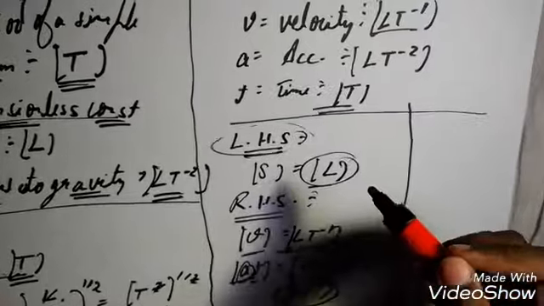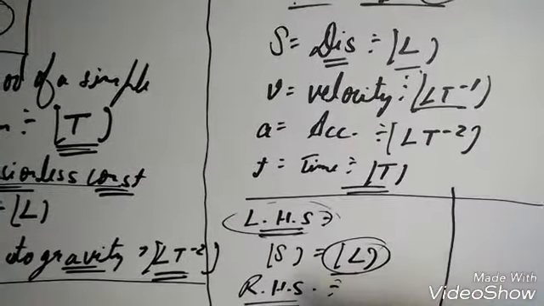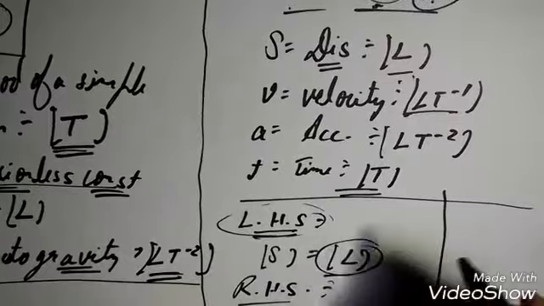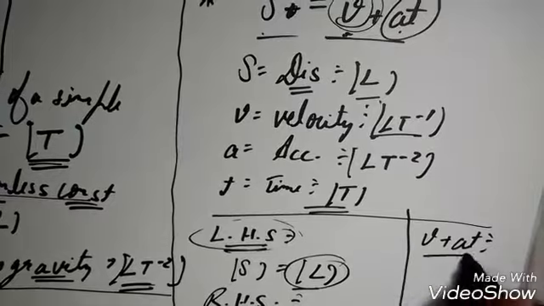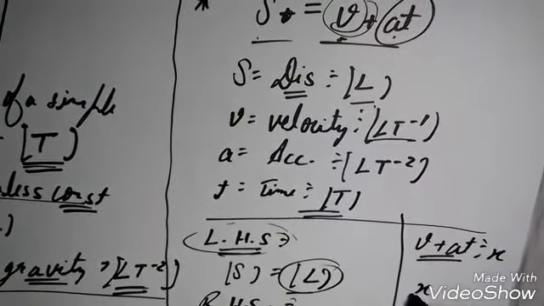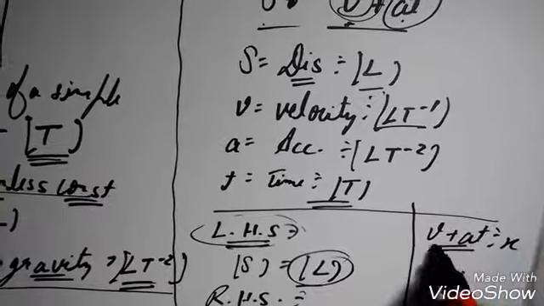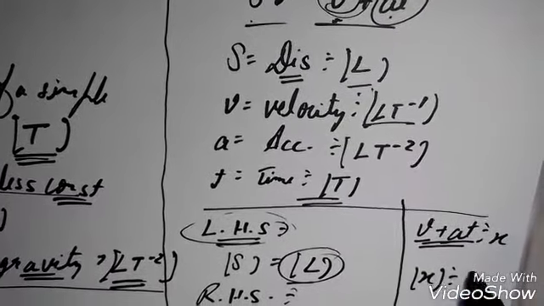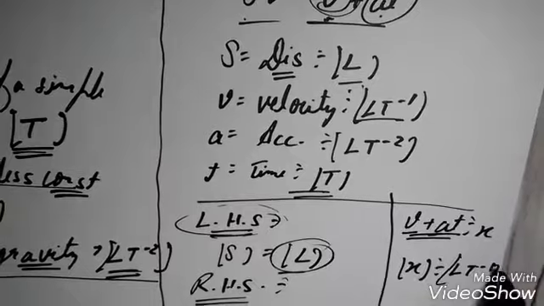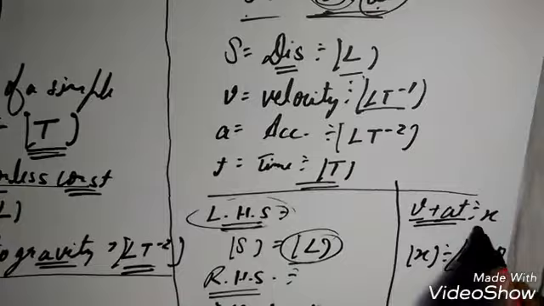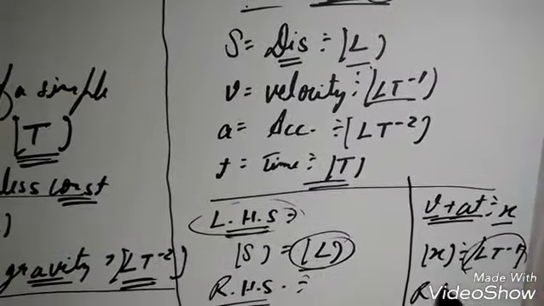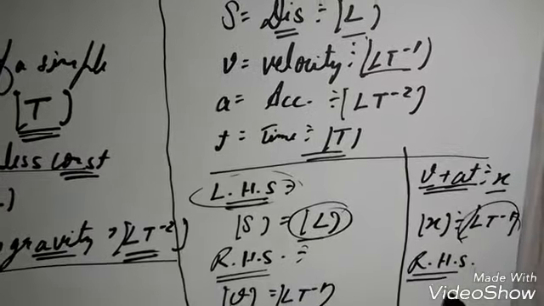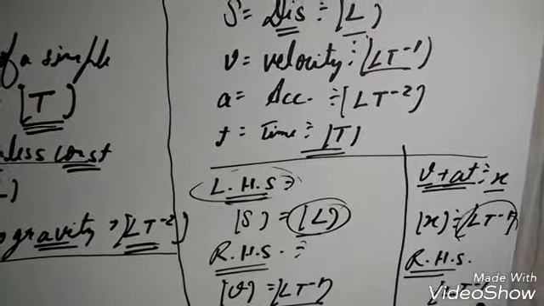Therefore, according to the principle of homogeneity, they can be added together and will result in a quantity of the same dimensions. This means when V plus AT are added together, they will result in a physical quantity X, having the same dimensions as V and AT, equal to LT^-1. Hence, the dimensions of the right hand side of the formula is LT^-1.